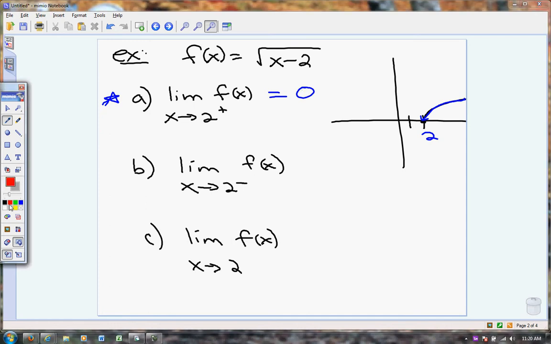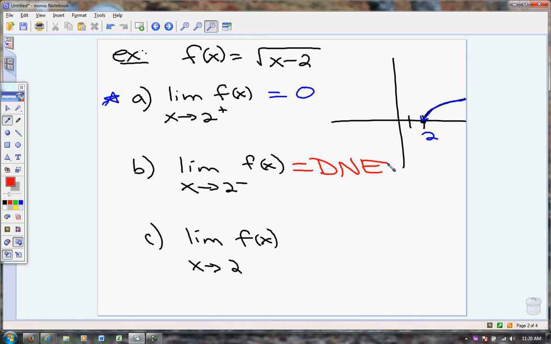Now let's look at b. Let's take the limit as we approach 2 from the left. Well, there's nothing to trace, is there? No. This is a problem. It does not exist. Why does it not exist? Because there's no function there.